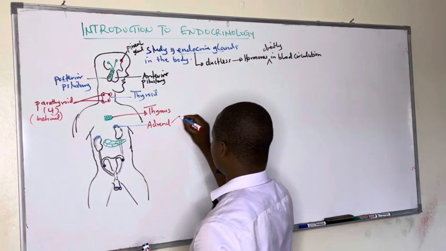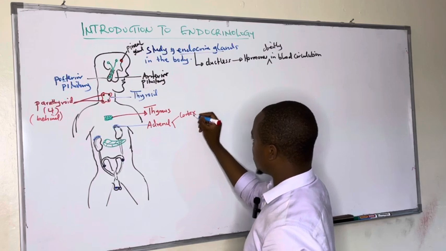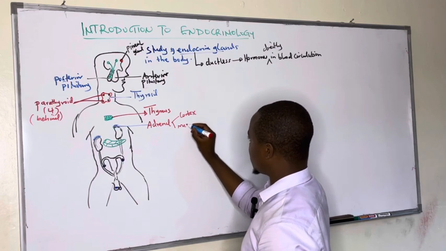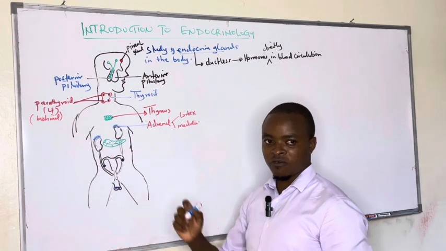This adrenal gland is divided into the adrenal cortex and adrenal medulla, found on top of the kidneys.